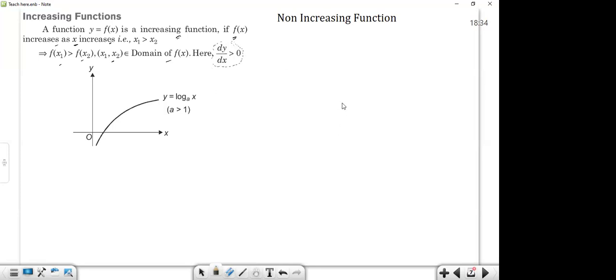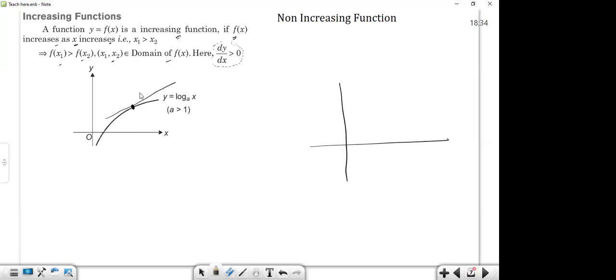If there is a curve like this and you take the tangent at any point, its slope will be positive, because it is increasing with x. The y is increasing with x.